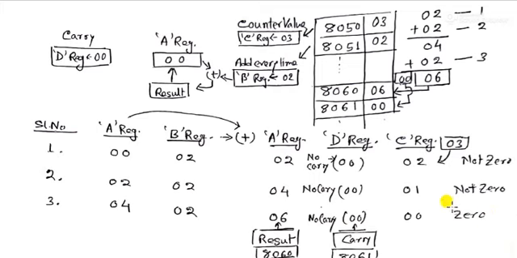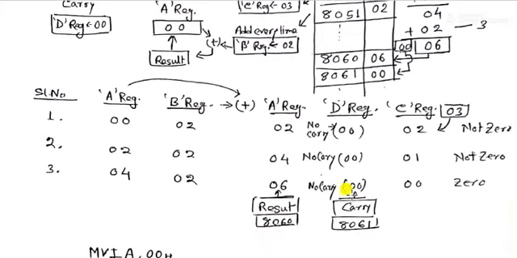The result is 0, so the process is terminated. The result is stored at the accumulator. We have to store this at location 8060, and the carry bit stored at the D register we have to store at location 8061.